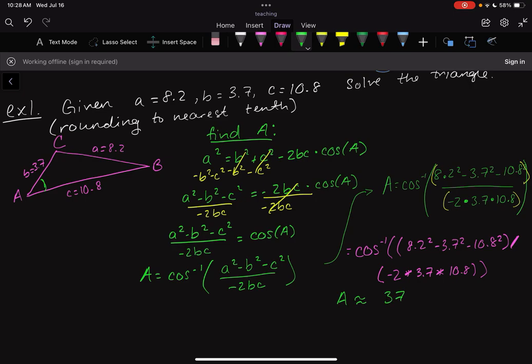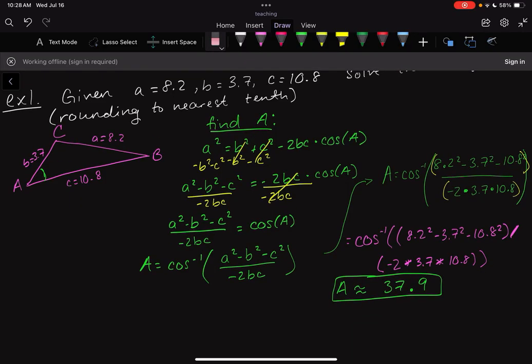So I get 37.9 for this one. Parentheses, or make sure when you type in this little negative symbol right here, you actually type in the negative one, not the subtraction button. So sometimes that can be an error in the calculator. Just be careful.